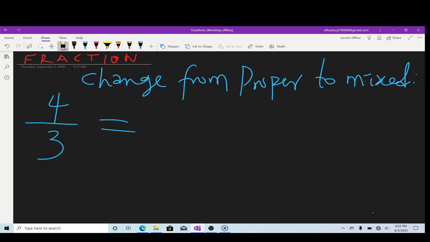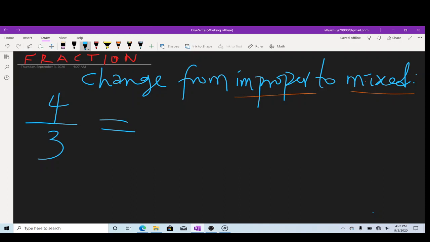You can change from improper to mixed, and you can also change from mixed to improper. That means vice versa. So this is an example of an improper fraction.